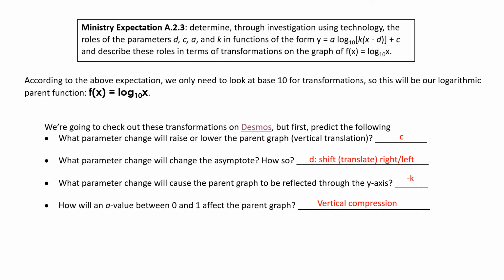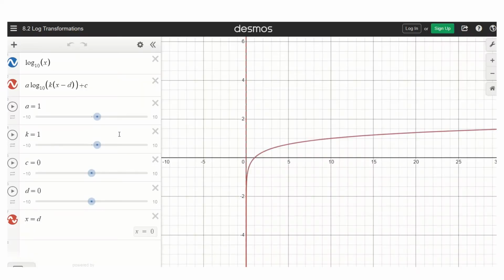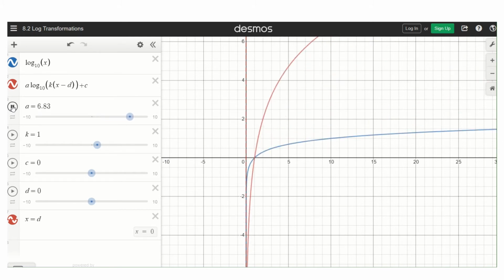So let's take a look at these using decimals. All right, let's look at these transformations here. What you're seeing in red is the base 10 log function right here. And if we add on the parameter of a, that gives you your vertical stretch.